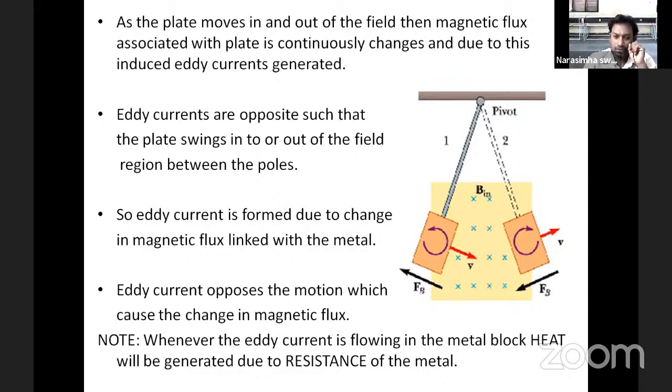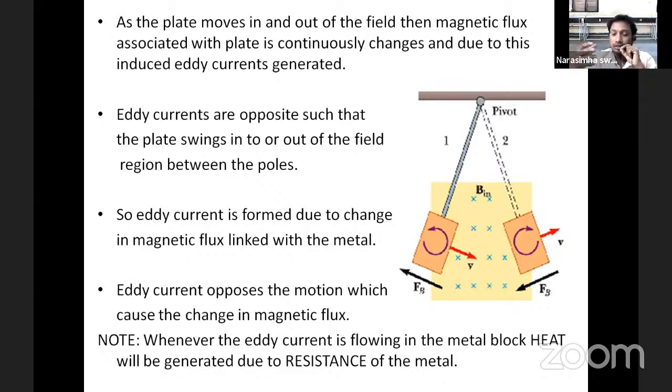Here, eddy current opposes the motion which causes the change in magnetic flux. So whatever the eddy current generated, what is its function? It always opposes the cause produced. What is the cause? Change in magnetic flux.